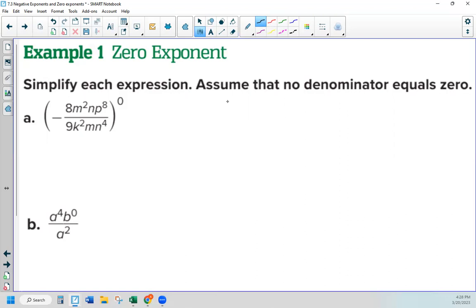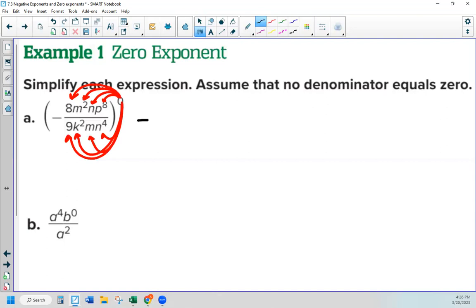The truth is that we're simply going to distribute this power into everything inside. Everything is going to get a power of 0, even if it already had an exponent. That means we have a power to a power.